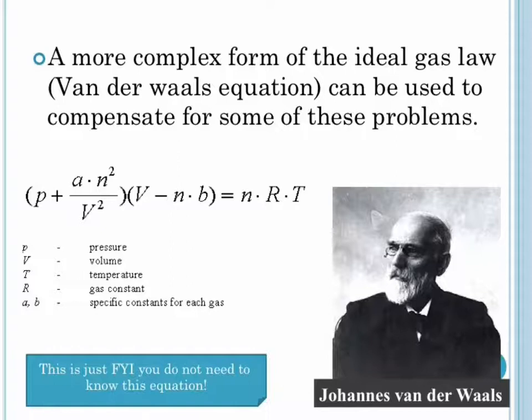And because the volume increases, we take some of that volume out. And we get the modified equation to PV equals nRT. Again, you won't be asked to solve for it. Just know that it exists, that there is an equation to compensate for real gas behavior.